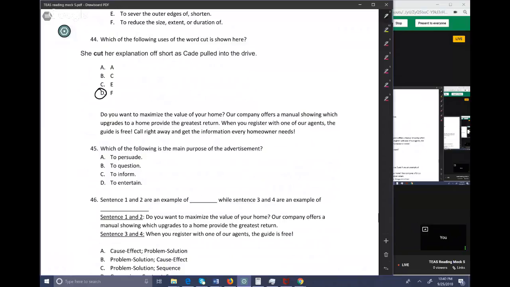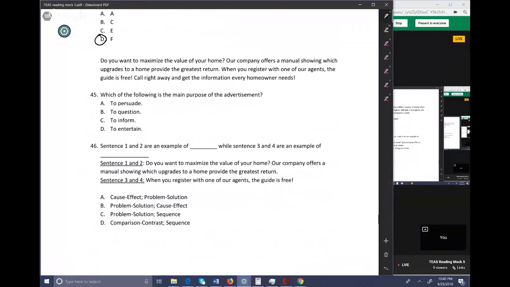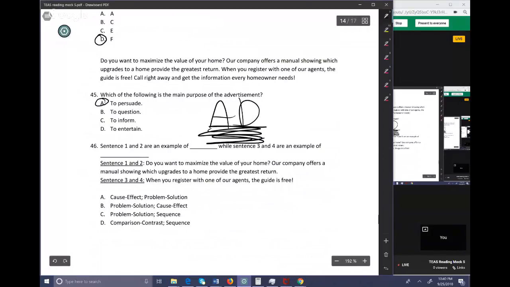This ad for a home, the intention of an ad is always to persuade, even if an ad doesn't come across like it's telling you to do something or to go somewhere. If it's an advertisement of any kind, it is persuasive. That doesn't include, like, if there's a publication that says new clinic opening Monday and it's just telling you the address and what time it opens, but it's not like come check it out.